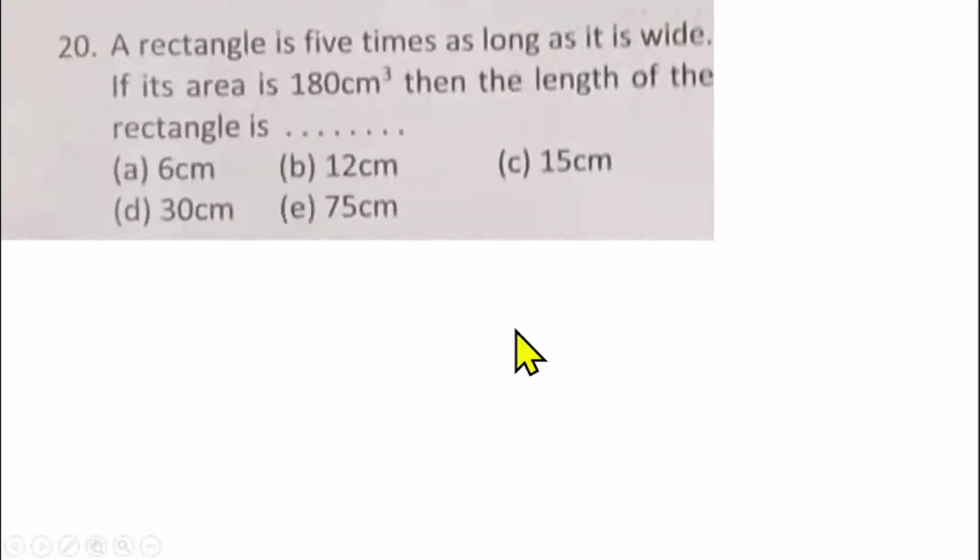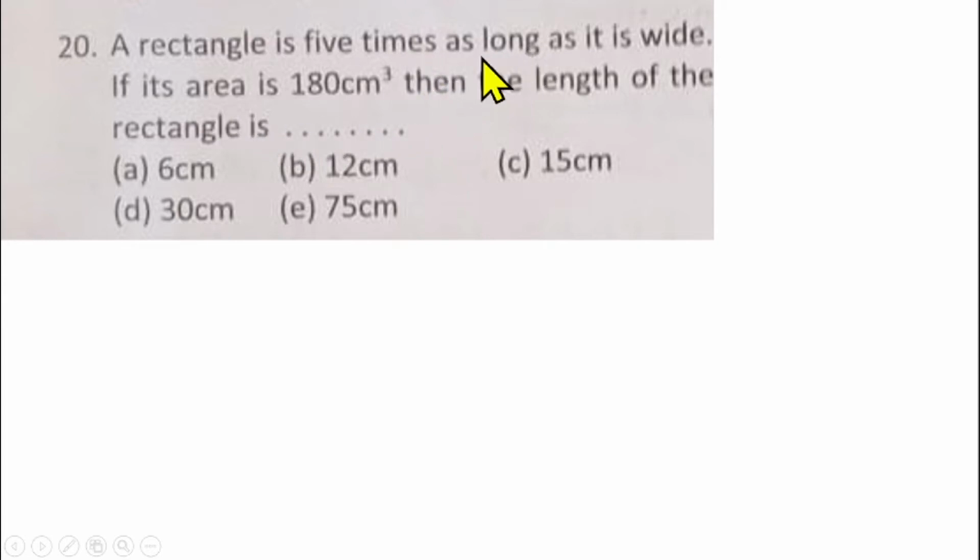Question number 20 is from word problems. Sorry, it's from mensuration of plane shapes rather. A rectangle is 5 times as long as its width. If the area is 180 centimeters square, then the length of the rectangle is dash. So we are told that the rectangle is 5 times as long as its width.